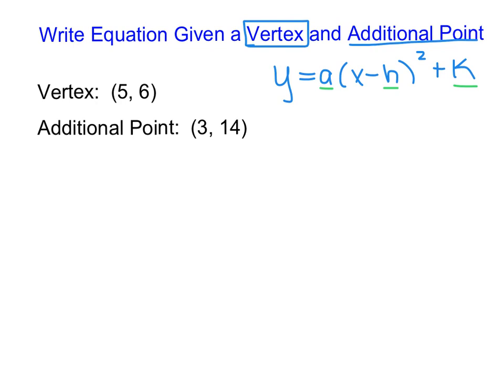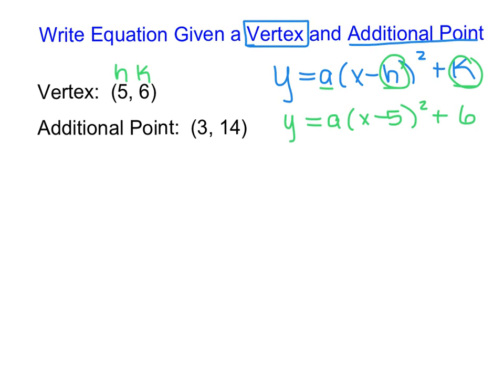Well, what's really nice is right off the bat, my vertex gives me h and k. So here I have y equals my a value I don't know yet, but I have x and the opposite of 5, which is x minus 5 squared, plus the 6 for k on the outside. So I've already found h and k here.